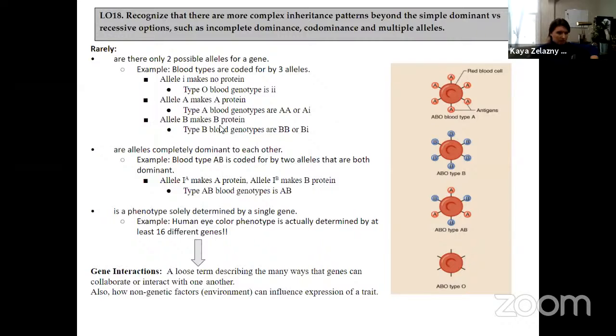So A isn't dominant to B, B isn't dominant to A, which is why some people have AB blood type, but both of them are dominant to O, because O is really a 0. It's for no protein expressed. All right, so we can have more complex ways that genes interact with each other is the takeaway here.